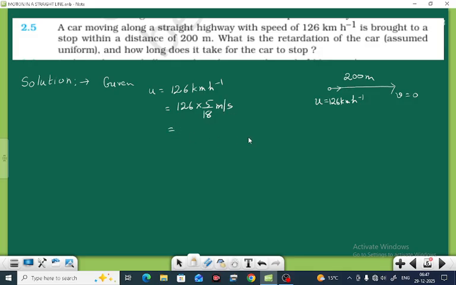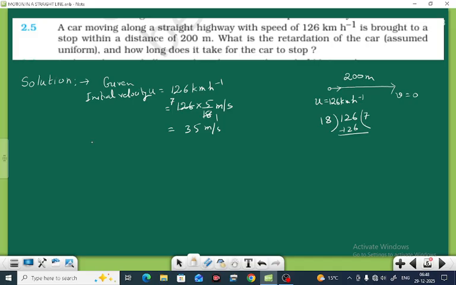If we divide 126 by 18, it will be 7. 7 5s are 35, 35 meter per second. This is the initial velocity.